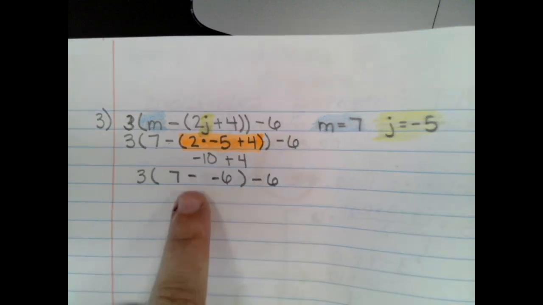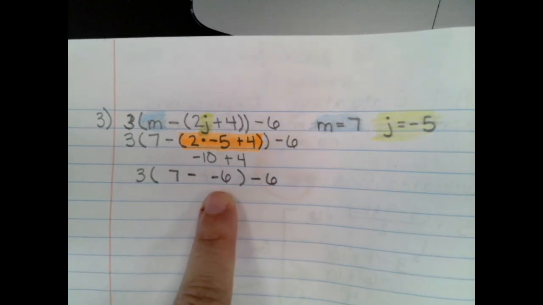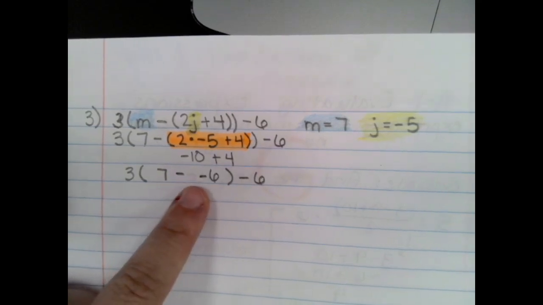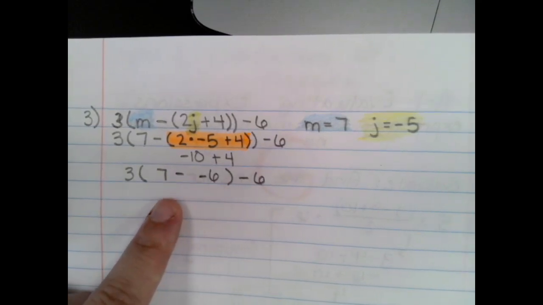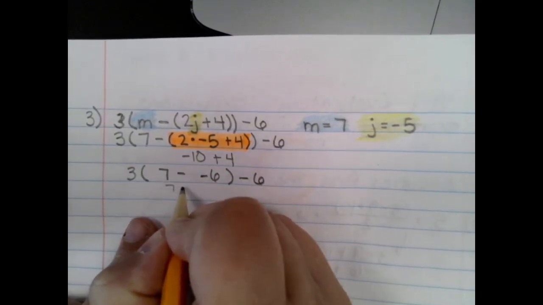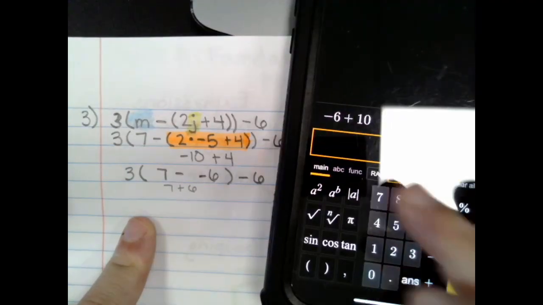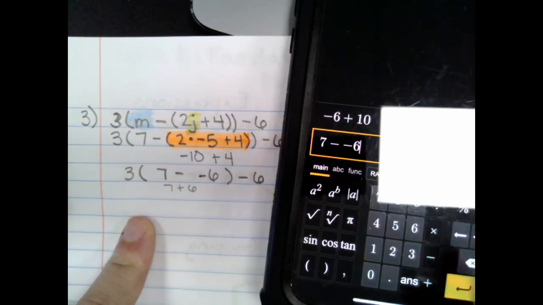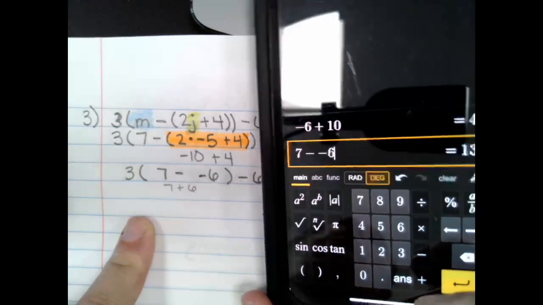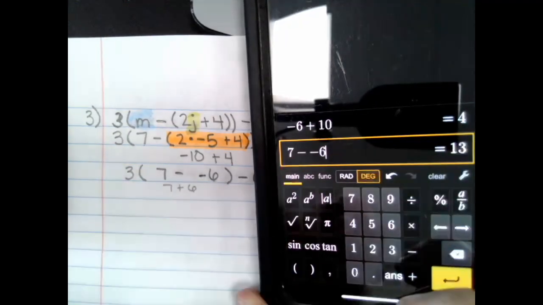Good, 7 minus negative 6. So remember, when I have 7 minus negative 6, what are we actually going to do? It's actually adding, 7 plus 6. It's goofy. Again, if you're not sure, can you use a calculator? Yes. So 7 minus negative 6, we end up with positive 13.